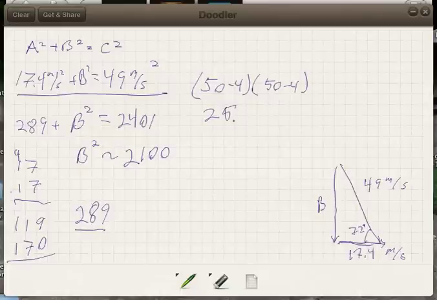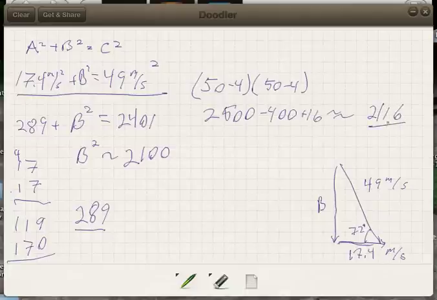That'd be 2,500, minus 400, plus 16. That'd be 2116, which is reasonably close. So 50 minus 4 is 46, and therefore, yeah, we could say that the vertical component is about 46.